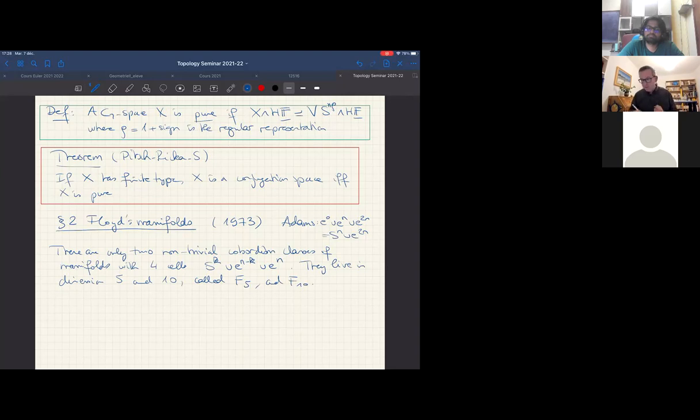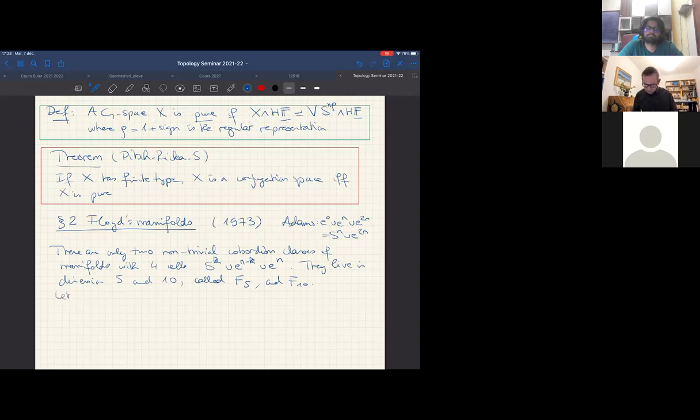So I will now explain how he constructs them, but he constructs them non-equivariantly. On F10, I will pay special attention, through the whole construction, to adding a C2 action, so that in the end, this might be a conjugation space.